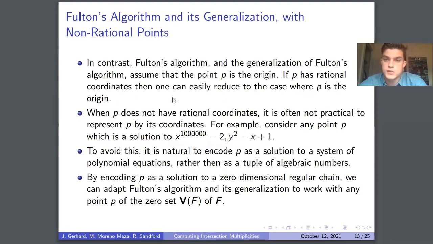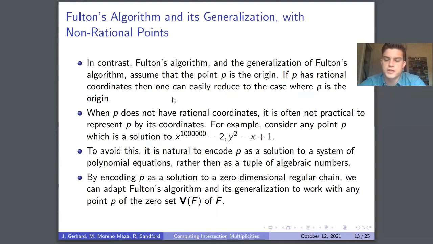Now, as we said, Fulton's algorithm and its generalization assume the point P is the origin. If P has rational coordinates, it's easy to just apply an affine change of coordinates or just adapt Fulton's algorithm slightly to compute this. But when P does not have rational coordinates, then specifying P as a tuple of algebraic numbers presents some challenges.